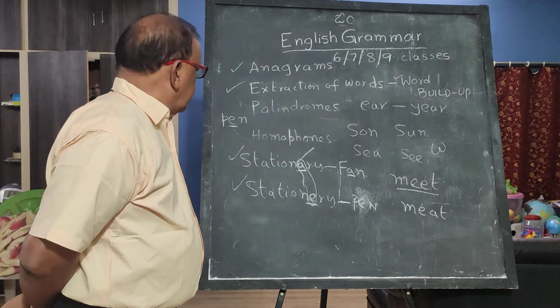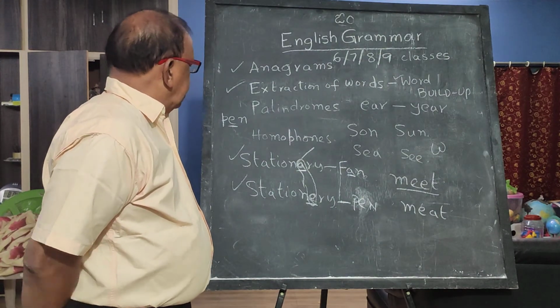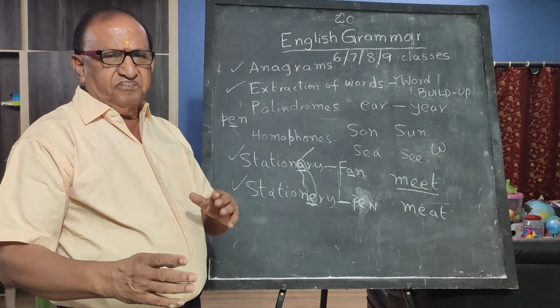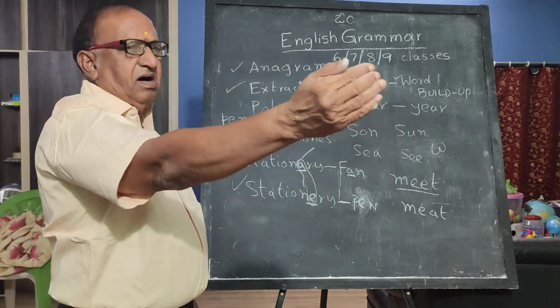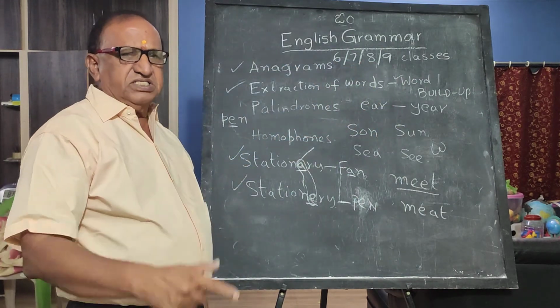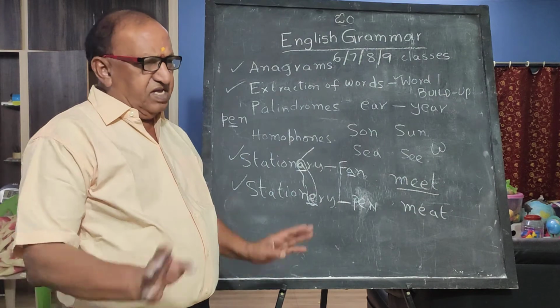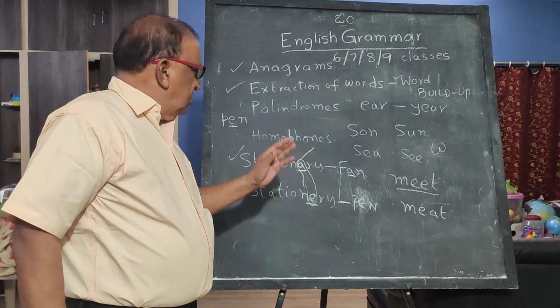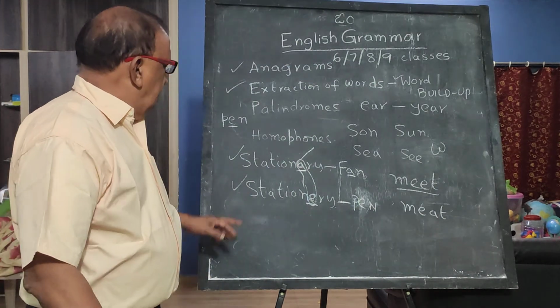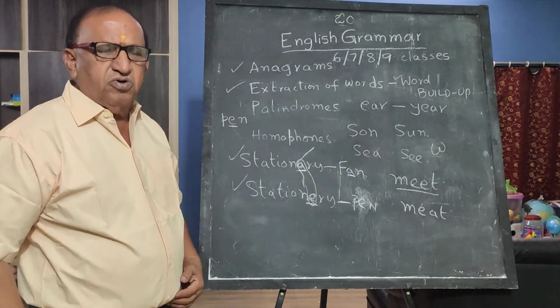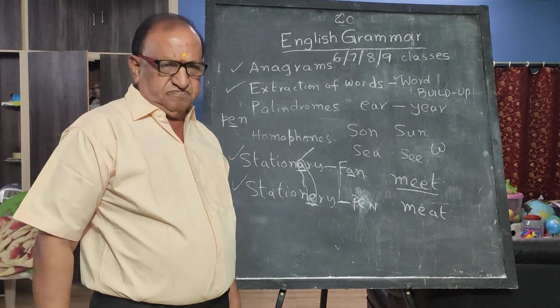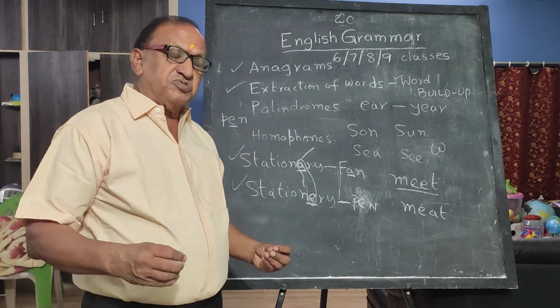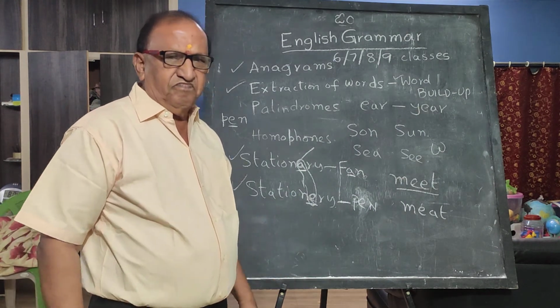Palindromes are those where, when you read them in the forward direction or in the reverse direction, you get the same word. You don't change it, but the way you write it, you get the same word, Vegetakavi. And then homophones, I told you homophones are the words which are pronounced almost the same.